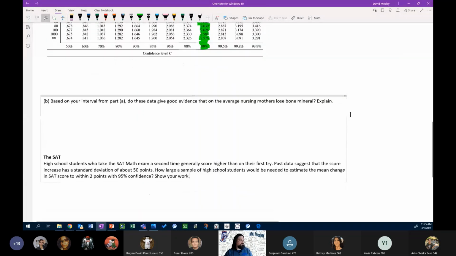So we're going to go down to the bottom here and write our conclusion as the last step of our 4-step process.